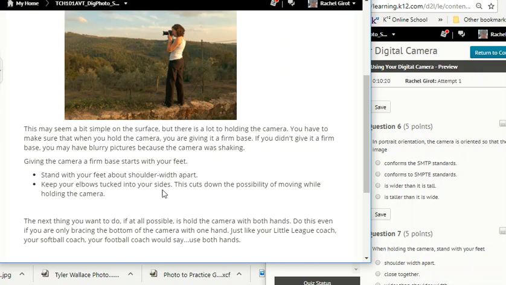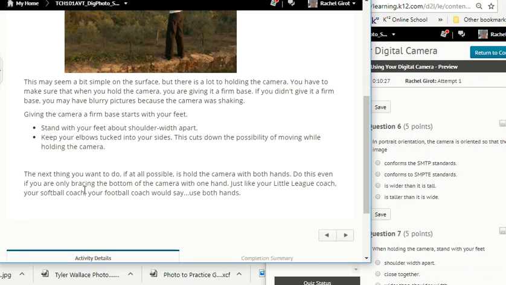Keep your elbows tucked into your sides. This cuts down the possibility of moving while holding the camera. The next thing you want to do, if at all possible, is hold the camera with both hands. Do this even if you are only bracing the bottom of the camera with one hand, just like your Little League coach, your softball coach, your football coach would say, use both hands.